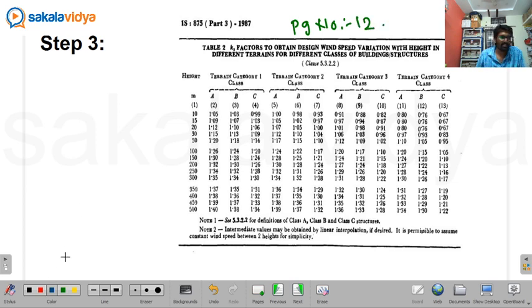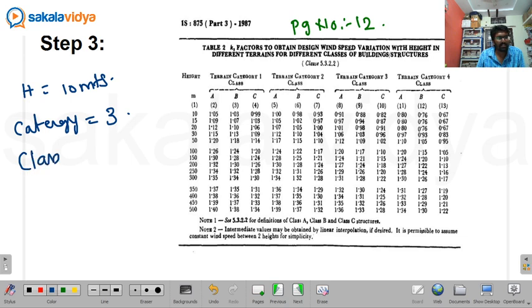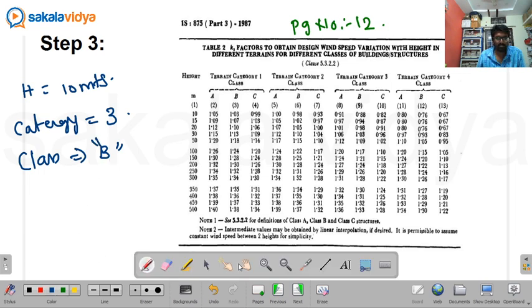In this we have the height of the structure, 10 meters. The terrain category is given in the question, that is category 3. The class of the structure is B. By using this table we need to find the value of K2.